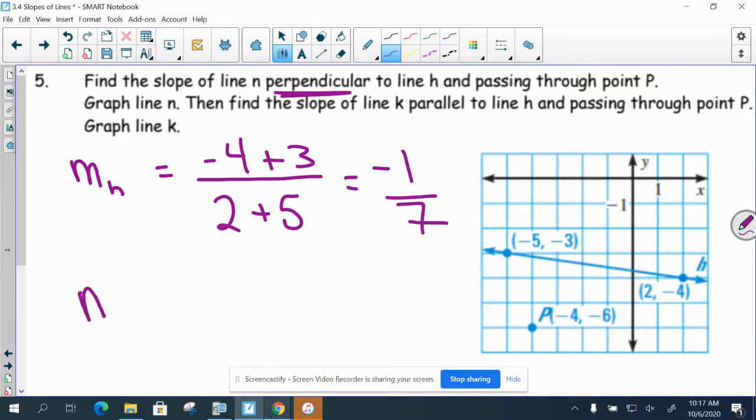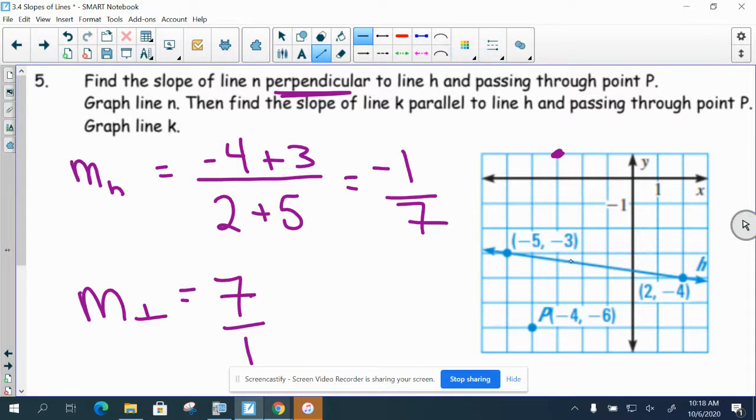So the slope that's perpendicular to that would be positive 7, and you can think about it as 7 over 1. So from point P, we'll go up 1, 2, 3, 4, 5, 6, 7, and then over 1. That's as many points as we can graph on the coordinate plane we're given. So you just draw a line through that, and don't forget your arrows, because you need arrows on the line.